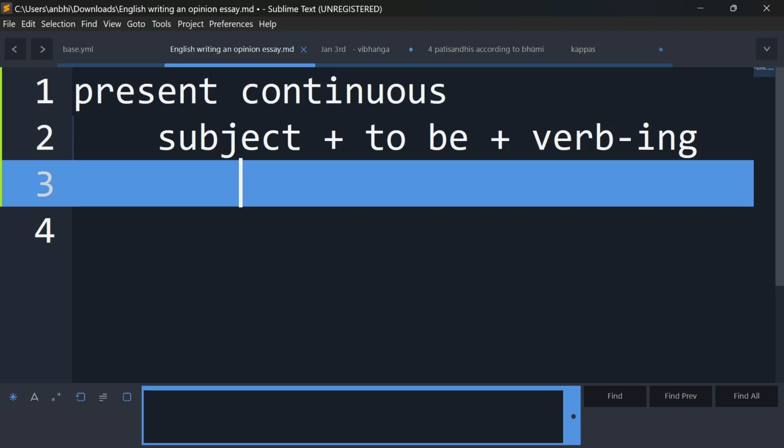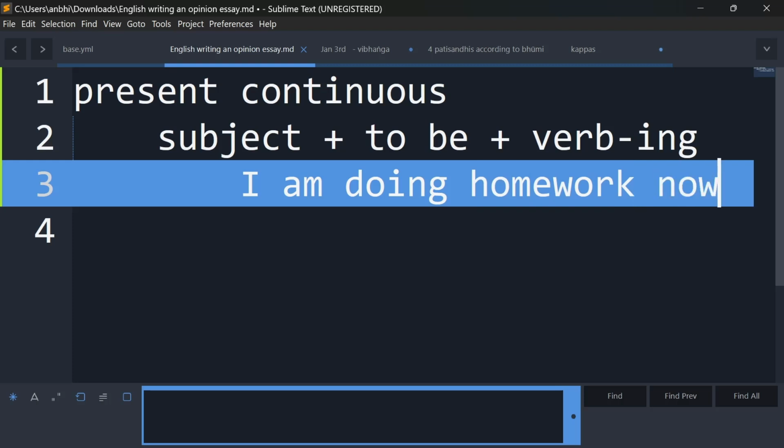Something happening right now, this moment. I am doing what? The verb is there, but then you need an object. I'm doing what?